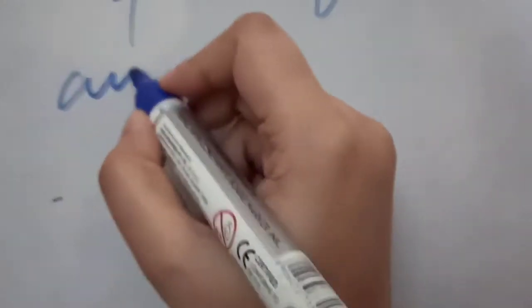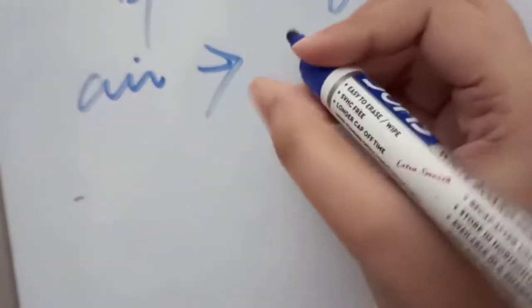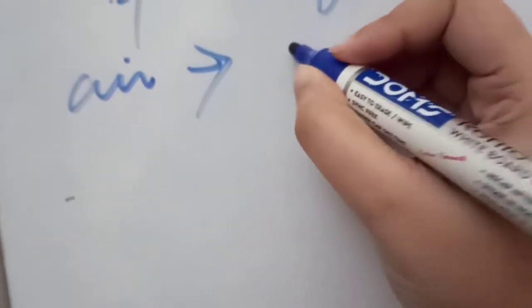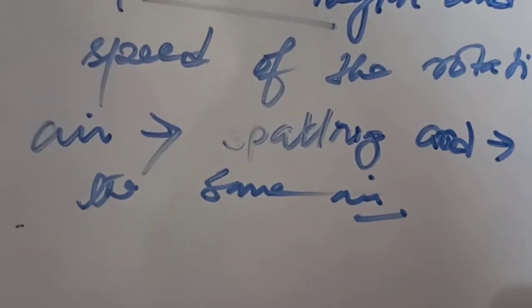As a result, the air that is present in this portion is scattered out, and the outflow of the same air occurs in this equatorial region.